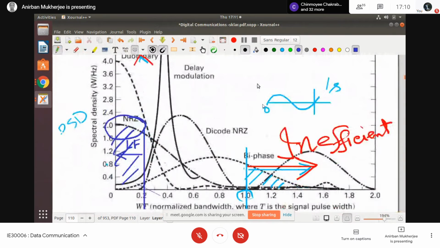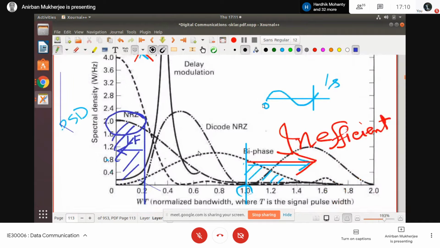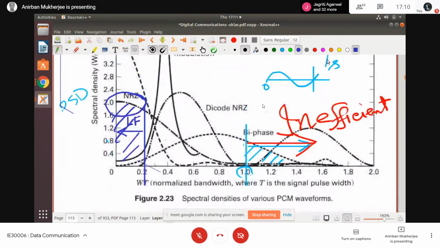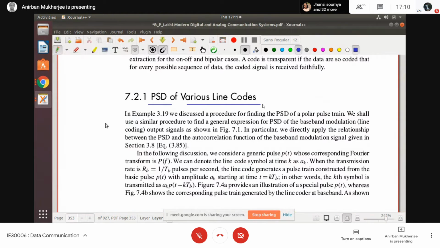Then I plotted this spectral density. This is the power spectral density, and this is the power spectral density. How to calculate this power, I have shown some inefficient ones, and this one I don't want. I would like to discuss this power spectral density in detail. This is the class.